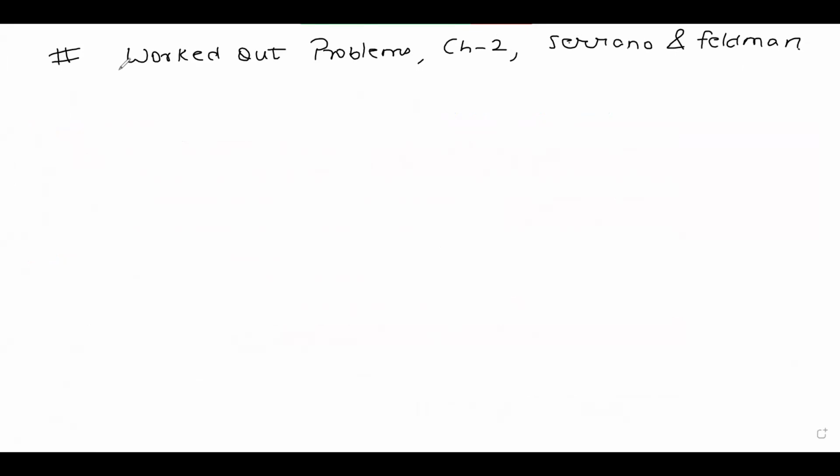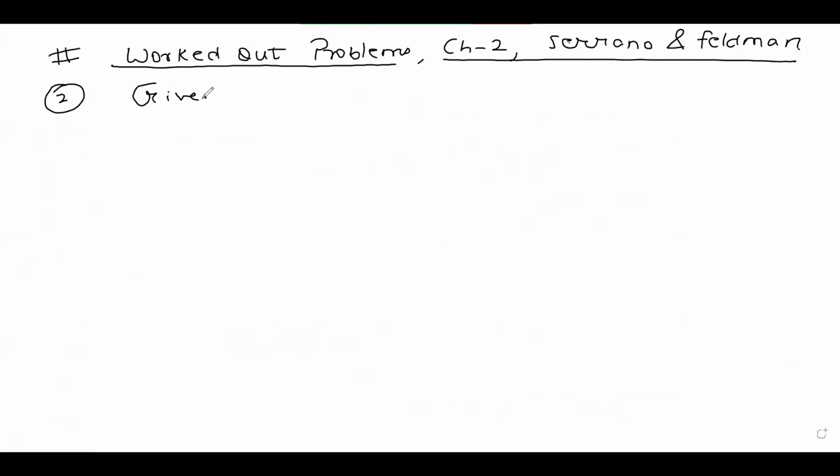Problem 1 was covered in the previous practice lecture. Let's look at problem 2. We are given the utility function u of x1, x2 as x1 times x2. Part 1 asks us to graph the indifference curves for utility levels 1 and 2.